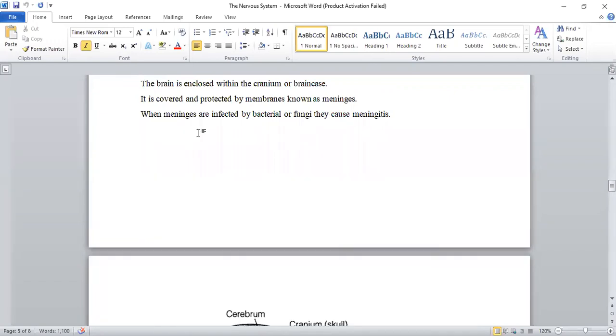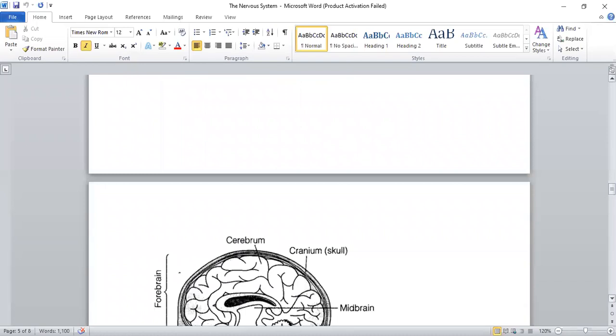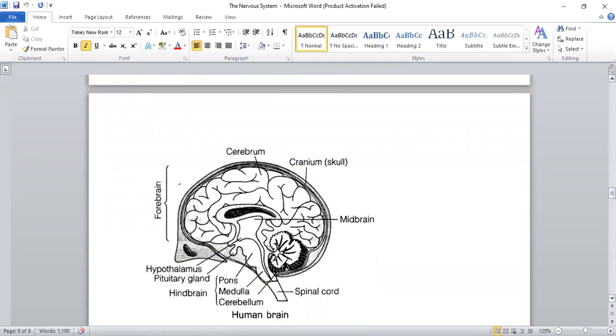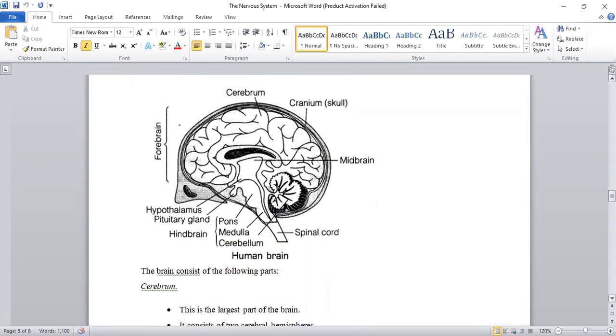That is the brain. Then when the meninges are infected by bacteria or fungi, a person suffers from meningitis. I believe you have heard of meningitis. This is a disease that can infect any person, and it is manifested by headache because this is a part that is affecting your head.